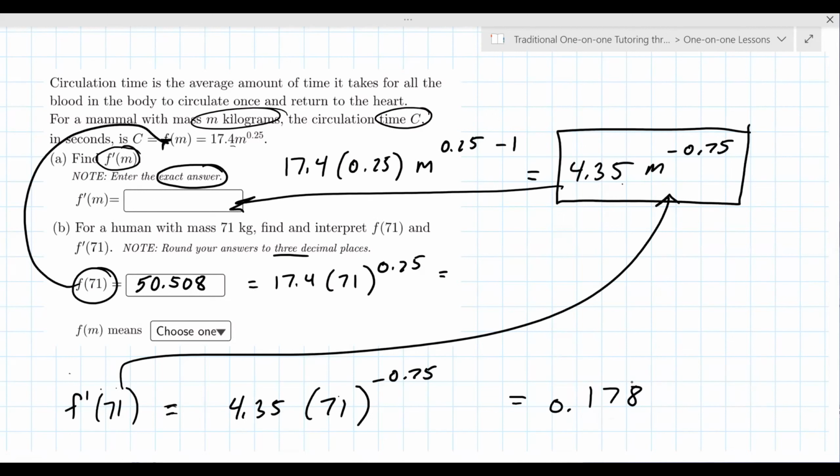Oh, for the first one, I'll change that. All right, there we go. On to the last one.